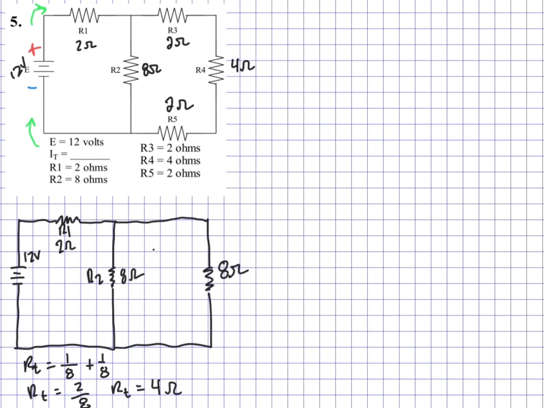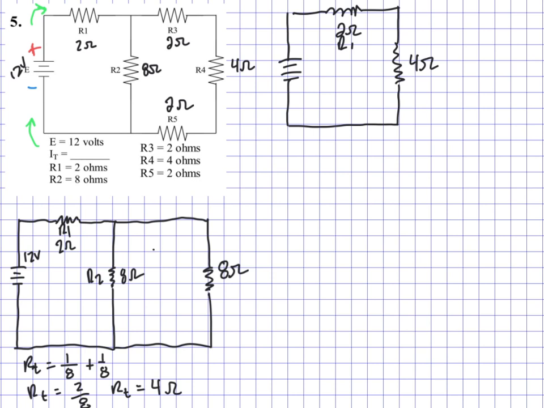So now we can redraw this again, come down here, just like that, and now we've got one resistance from those two legs. You see what we did, we just made it a parallel circuit. We got the 2 ohms, which was R1, and now the equivalent resistance here is 4 ohms, right?